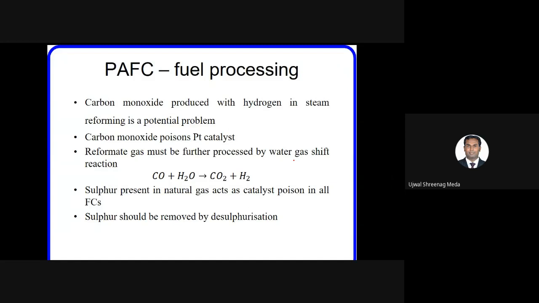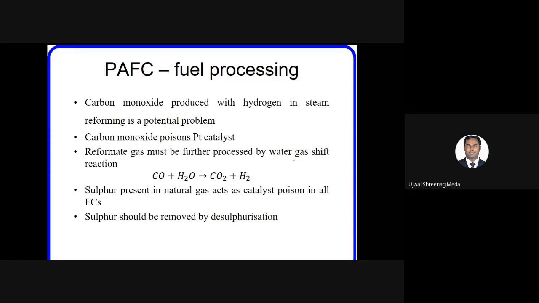So if sulfur is present in the starting material, whether it is natural gas or the hydrocarbons, it is mandatory to subject that to desulfurization. Sulfur should be removed before it enters the fuel cell as fuel. This is about fuel processing in case of PAFC.